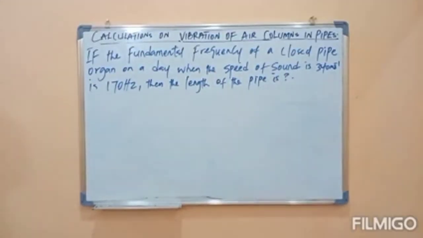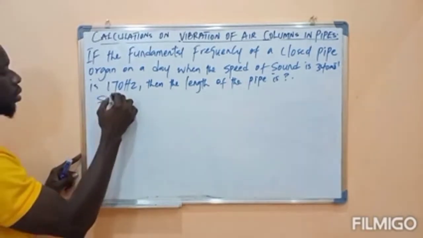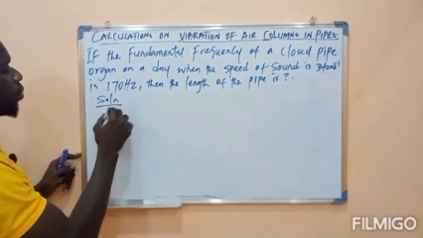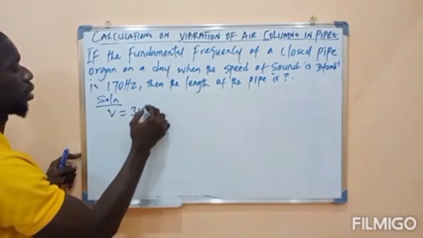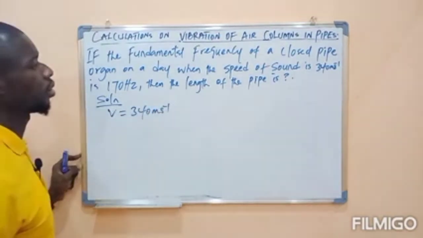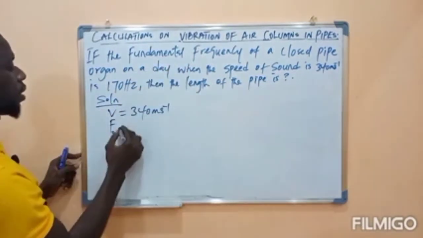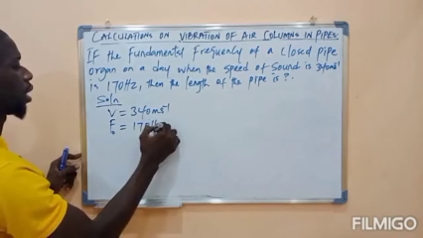If the fundamental frequency of a closed pipe organ on a day when the speed of sound is 340 meters per second is 170 hertz, then the length of the pipe is? So we're looking for the length of the pipe. Solution. We have the speed V equal to 340 meters per second, and the fundamental frequency is 170 hertz.